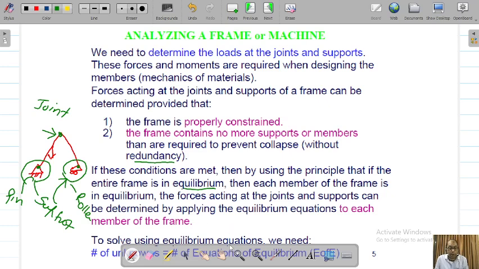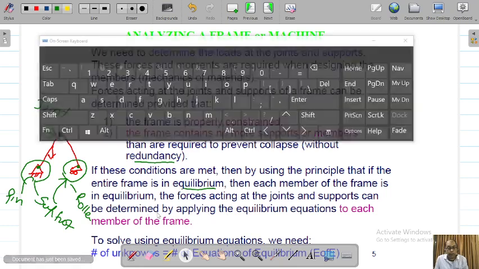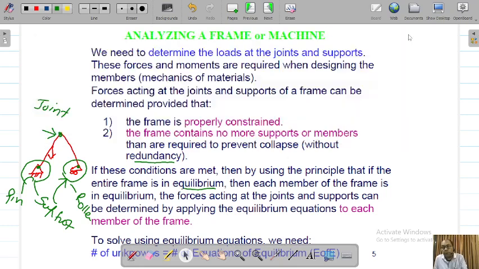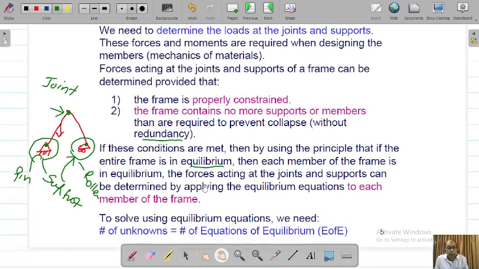Then there is a very important equation that you must remember. To solve these frames and machines, the number of unknowns must equal the number of equations of equilibrium. What does this mean?